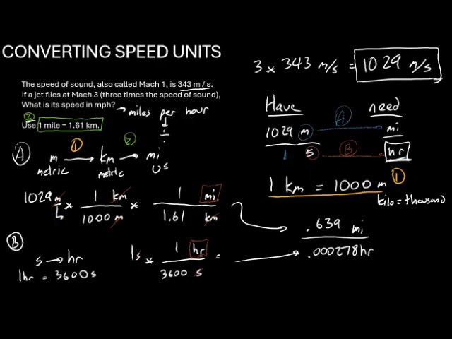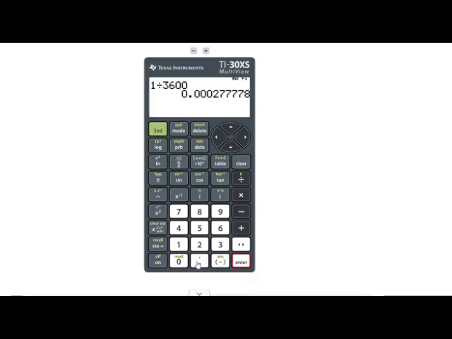Now all we have to do is take the 0.639 and divide by this tiny decimal, 0.000278. When we divide, we will get miles over hours. Let's go to the calculator and handle that math. We enter 0.639 and divide by 0.000278.